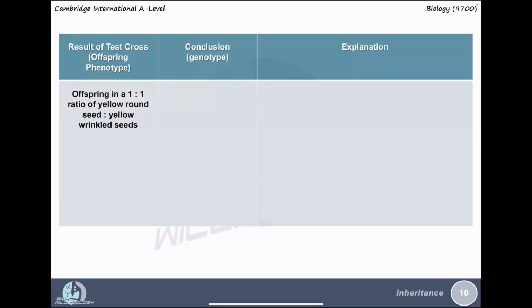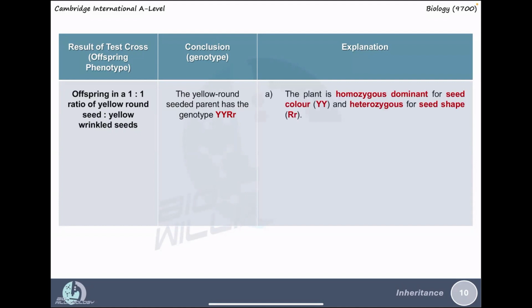The next outcome might have the offspring in a 1 to 1 ratio of yellow round seed to yellow wrinkled seed. In this case, the conclusion is that the yellow round seed parent must have a genotype of homozygous dominant for Y but heterozygous for R. So again, the plant is homozygous dominant for seed color, yellow, and heterozygous for seed shape, with two types of alleles, dominant R and recessive r.